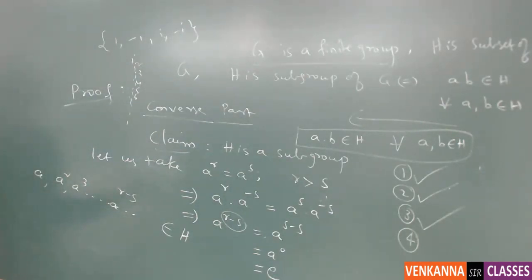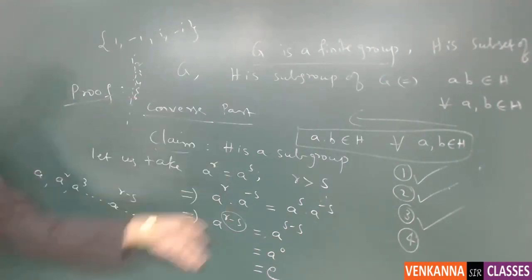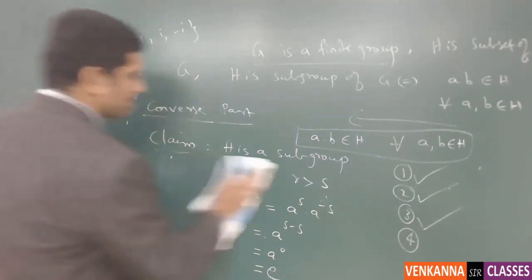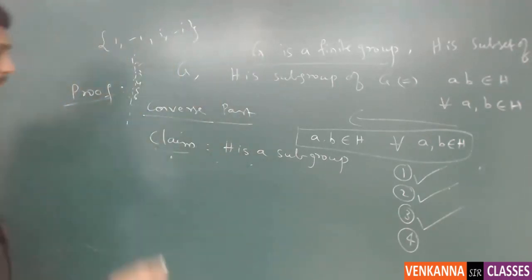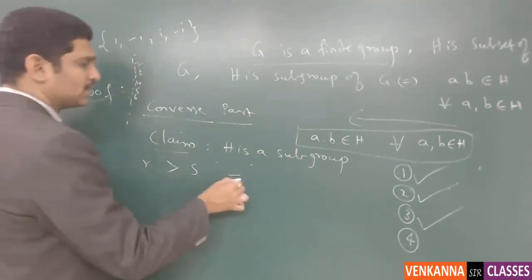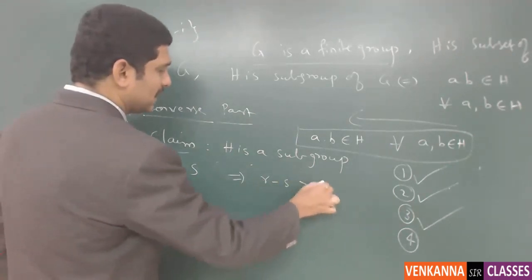I have to prove one more property, that is the inverse condition. So please take a note of this. I will prove with the inverse condition. After noting, let me know. So you have taken two numbers, R and S, such that R is greater than S. Implies what we can say, R minus S is greater than 0.